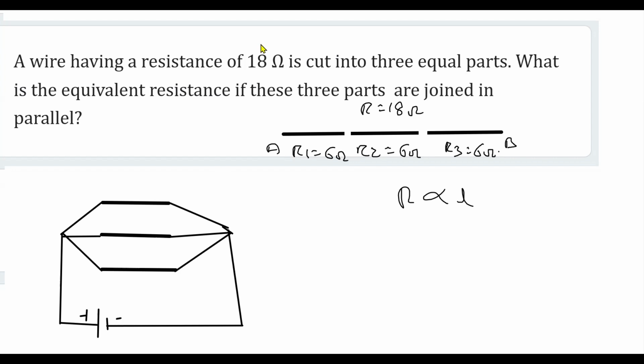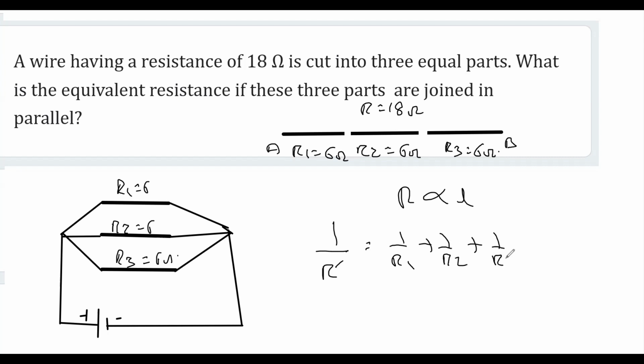Now check here. The resistances R1, R2 and R3 are each 6 ohm. They are connected in parallel, so we will find the total resistance R dash: 1 over R dash equals 1 over R1 plus 1 over R2 plus 1 over R3.